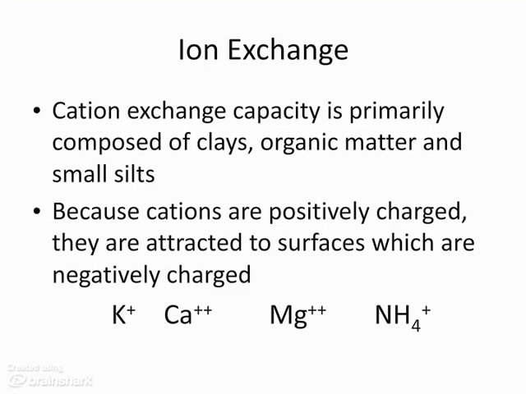Because cations are positively charged, they are attracted to negatively charged surfaces. Organic matter and clays are generally negatively charged, so positively charged nutrients such as potassium, calcium, magnesium, and ammonium are attracted to these negative sites on the clays and the organic matter. That's what holds these nutrients in the soil and makes them available for plant growth.